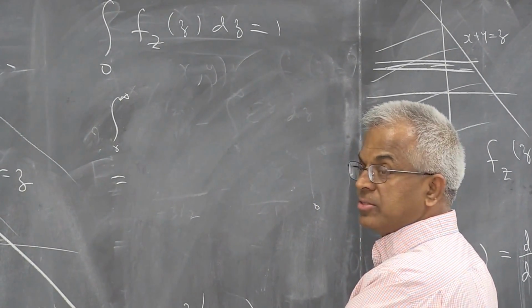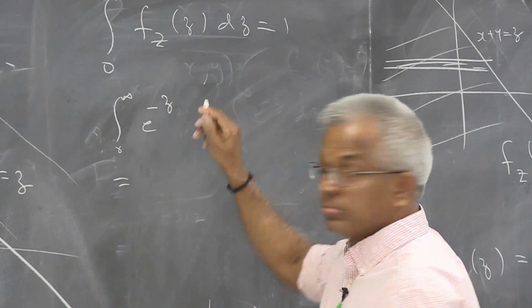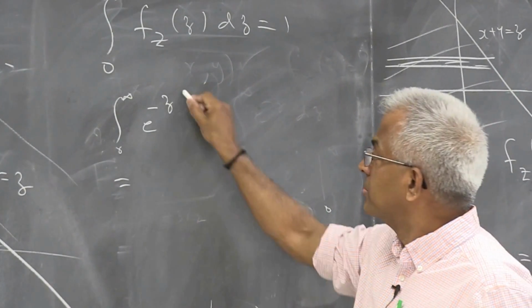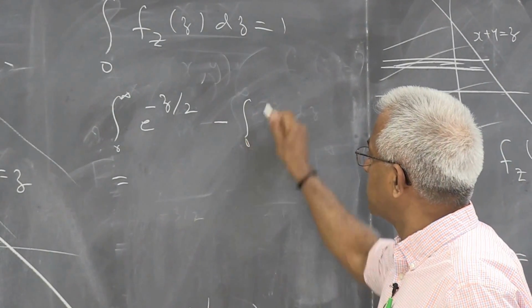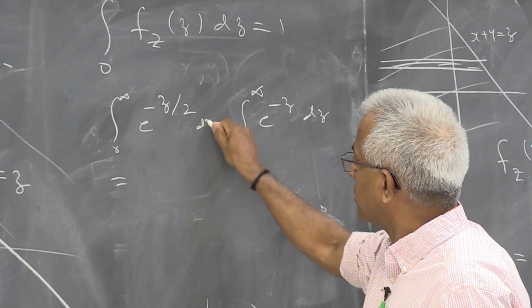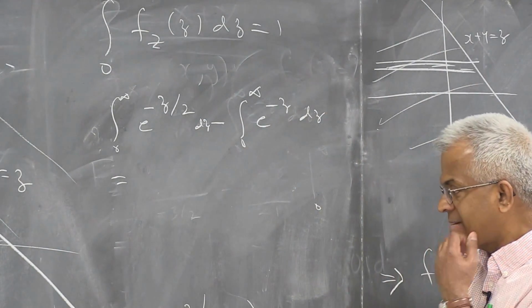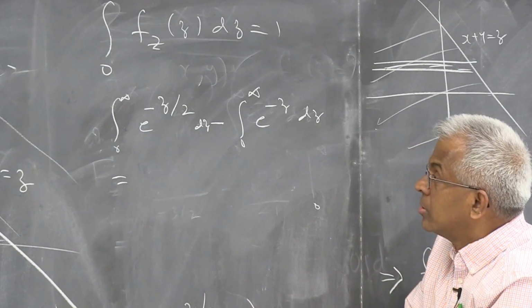This multiplied by this is e raised to minus z by 2, isn't it? Minus integral 0 to infinity e raised to minus z dz.